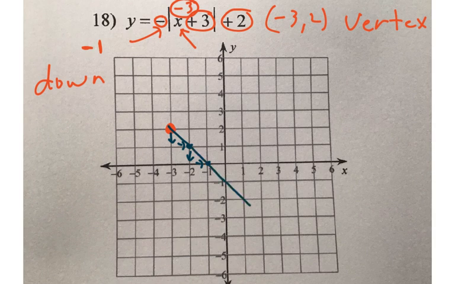There's the right side of my graph. Starting over at the vertex, down 1, left 1, down 1, left 1. There is the left side of my graph. Notice that my absolute value is opening down because of the negative 1.